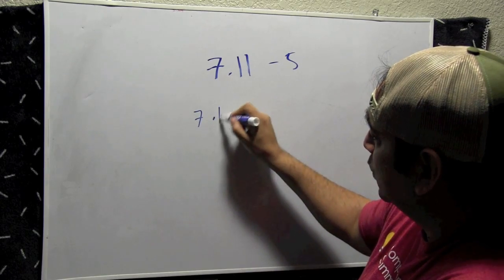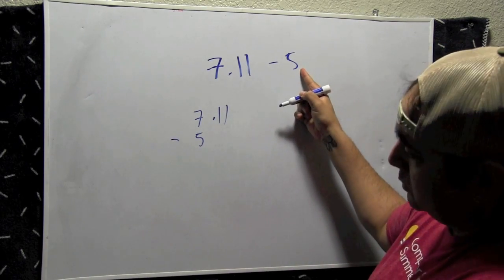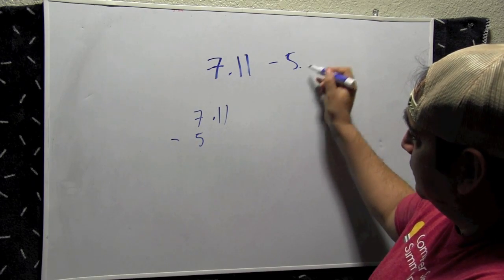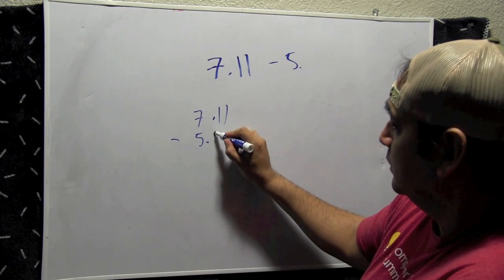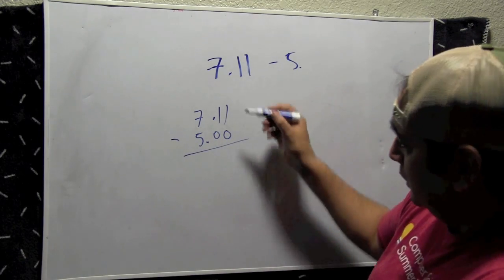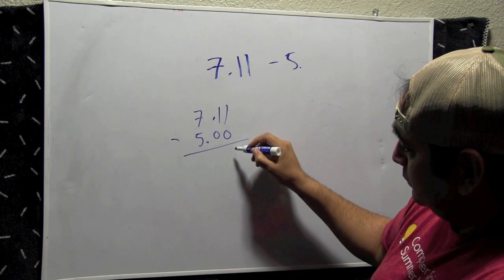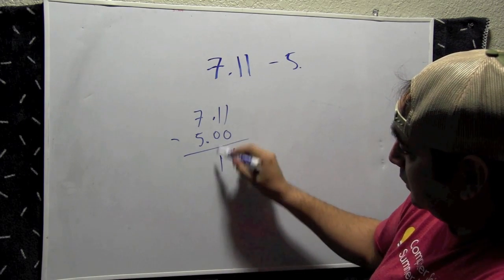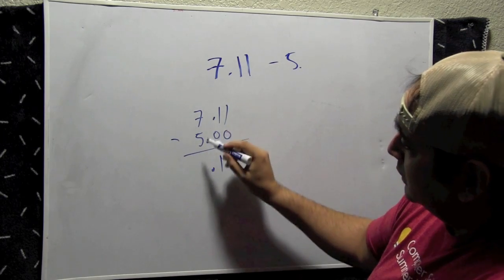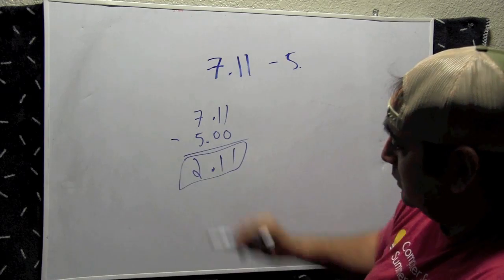So 7.11 minus 5. Again, there's an invisible decimal point behind the 5. Then 0, 0. So 1 minus 0 is 1. 1 minus 0 is 1. Bring down the decimal point. 7 minus 5 is 2. We got 2.11.